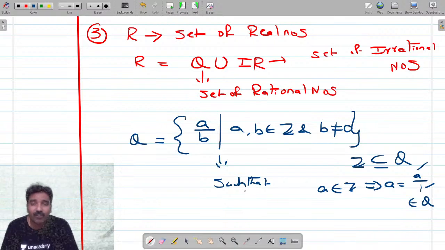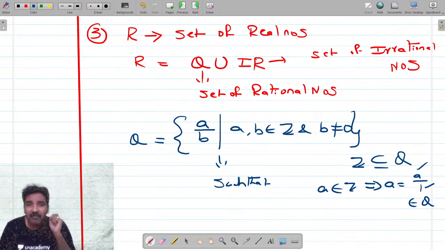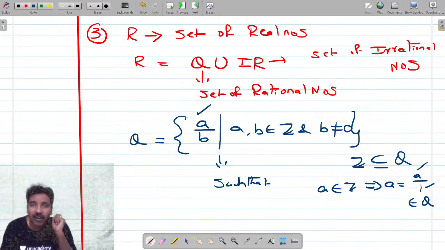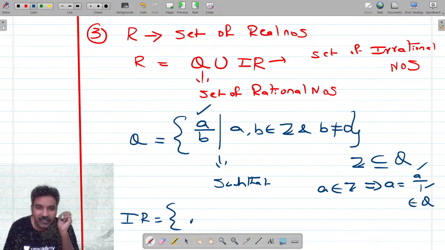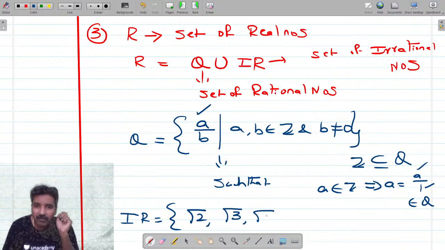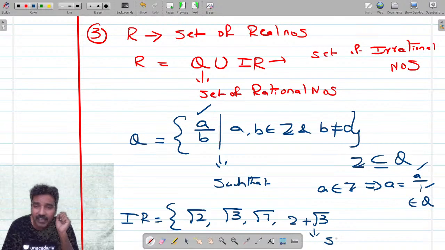Irrational numbers: if a real number cannot be expressed in this form, such numbers are called irrational numbers. For example, the set of root 2, cube root of 3, cube root of 7. You can go for 2 plus root 3. You might have gone through 2 plus root 3 in your plus 2. They will be called surds.